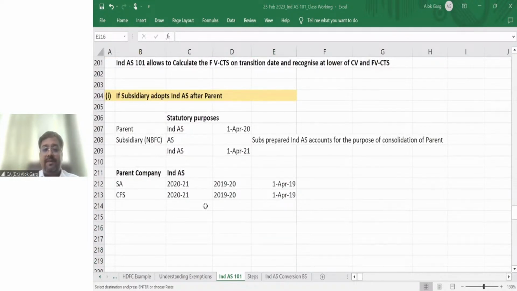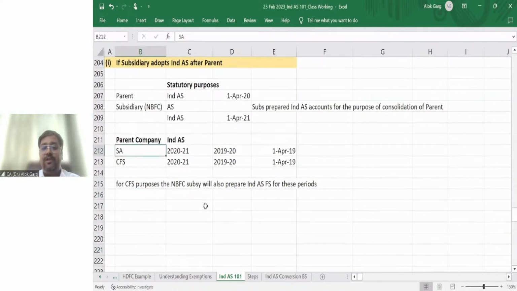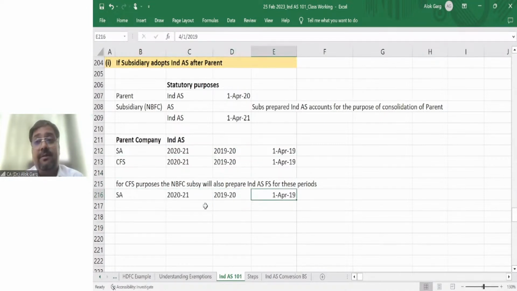For CFS purposes, the NBFC subsidiary will also prepare Ind AS financial statements for these periods, right? So for CFS purposes, the subsidiary will prepare standalone accounts for 2021, 2019-20, and 1st April 2019. Otherwise, how will the parent prepare consol? Is it clear to all of you? Is it clear or not clear?